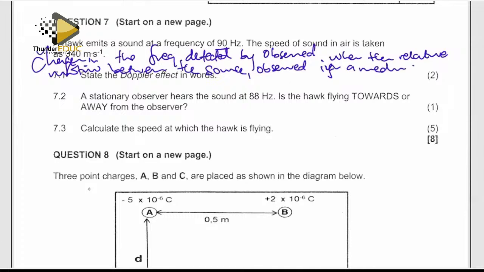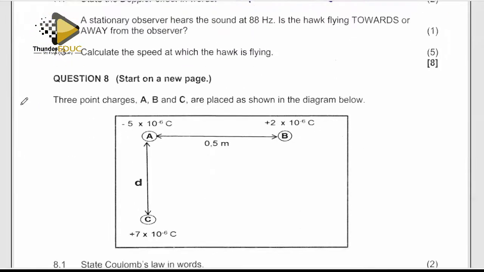So for as long as you talk about the apparent change within the frequencies, the observed frequency and the emitted frequency, as a result of the change in the velocities of the source and the observer.